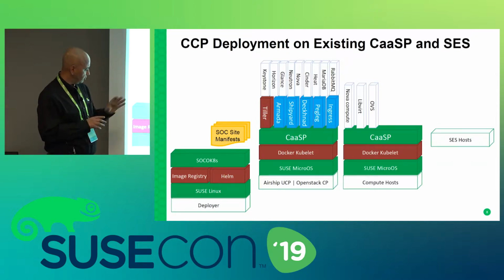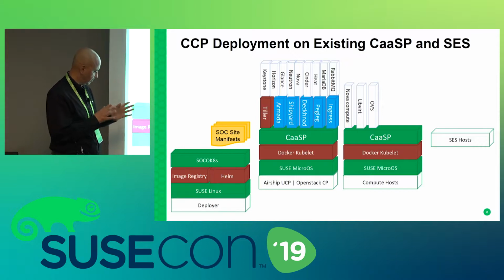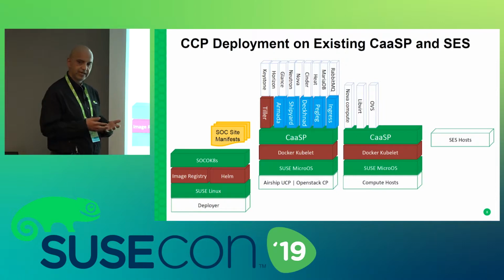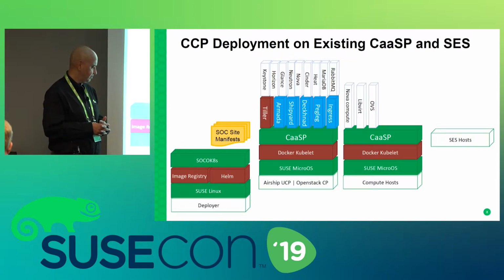On this slide, what the customer has to do is have one node which is catered toward building and deploying. This could be a customer laptop, or it just needs to be a SUSE-based node. It could be a VM also.